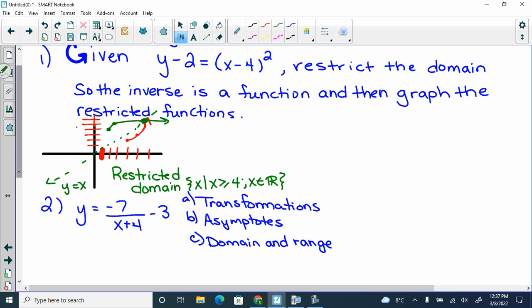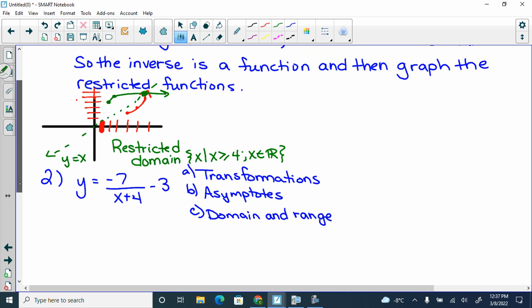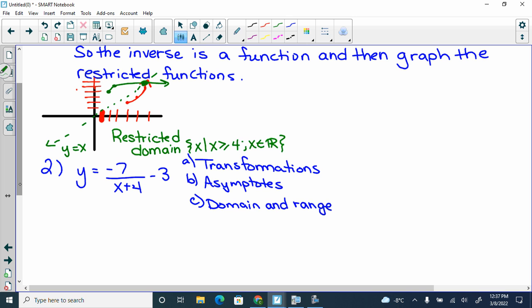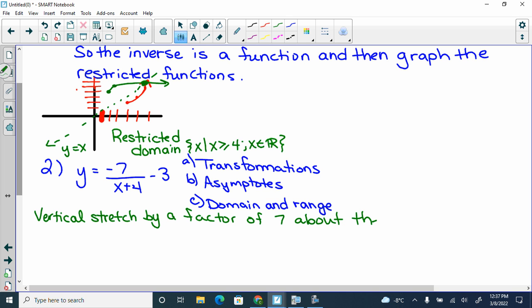Okay. This one, we need transformations. So we have a vertical stretch by a factor of 7 about the x-axis. We have a reflection in the x-axis.